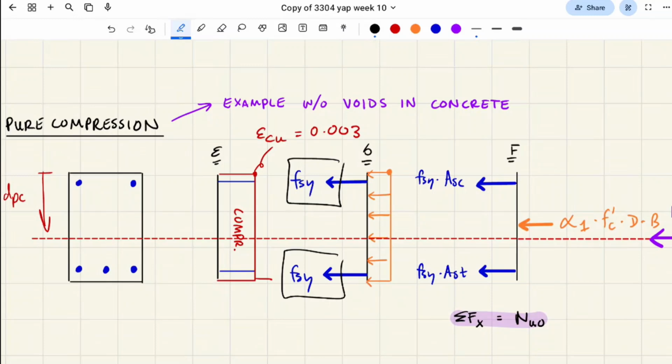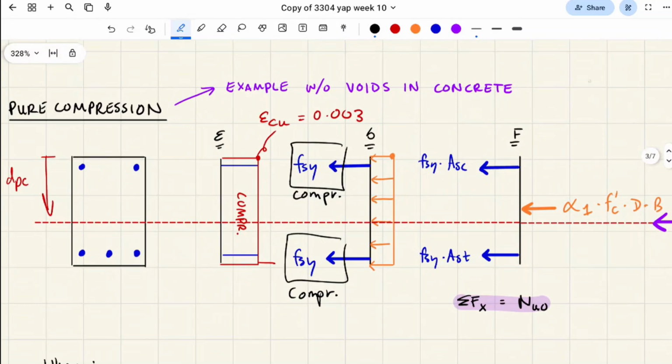Didn't you say the concrete was all in compression? Is the steel all in compression as well? You're right. Very good, you've dodged my trick question. So these are both compressive bars because the whole thing's in compression.